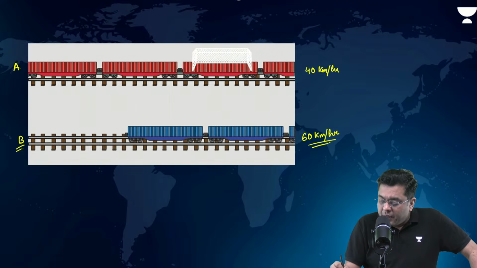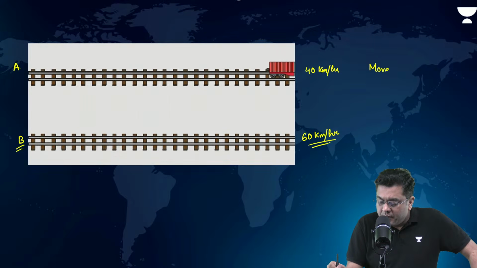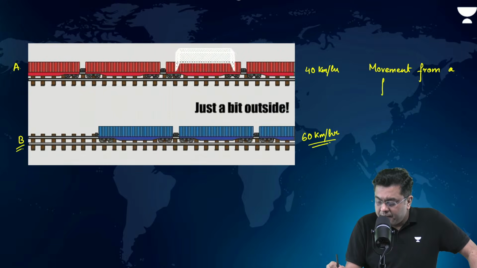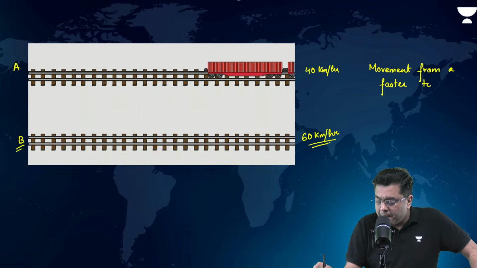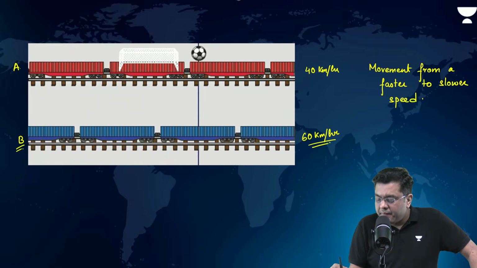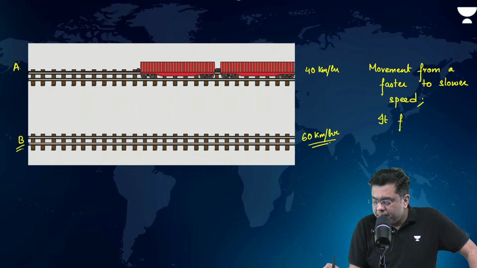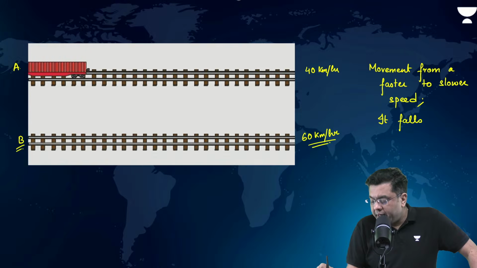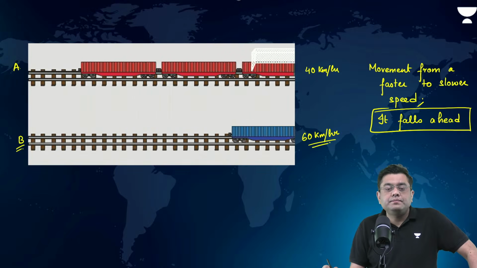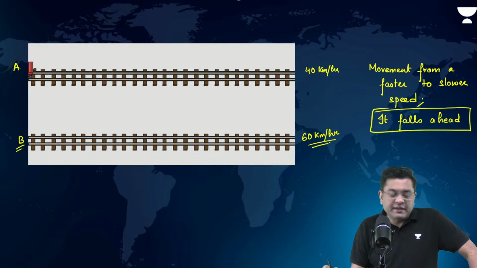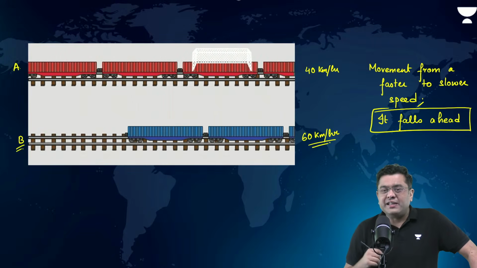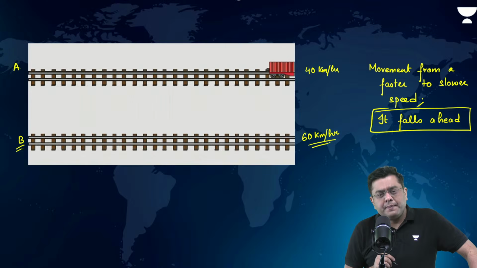So, can I say movement from a faster to slower speed, in that case, it falls ahead? Can I say so? That it will fall ahead in this particular case? It is moving from the case of faster to slower speed, isn't it?